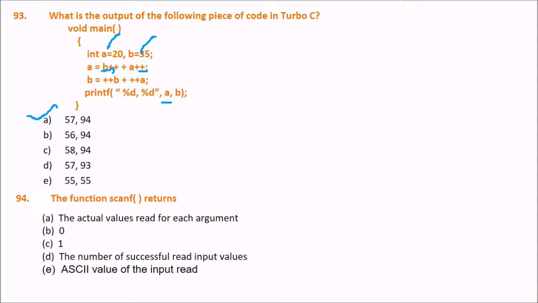As we know, B and A are not pre-increment but post-increment. So at this point, A will be 35 plus 20, so that will be 55. Now, because B has already increased, what will be B? Because B is a post increment operator, B will be 36.